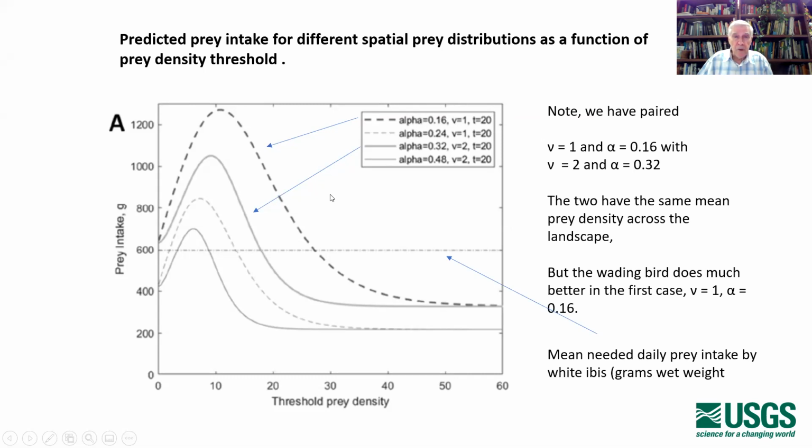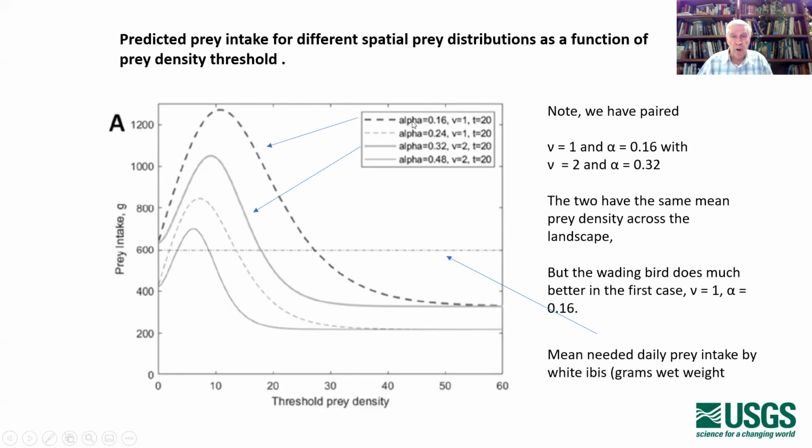I'll just point out one thing. This top curve, first of all, I mentioned this horizontal line is the mean needed daily prey intake by the white ibis, about 600 grams wet weight. So for all of these gamma distributions, a certain range of strategies at least works for getting more than that intake.